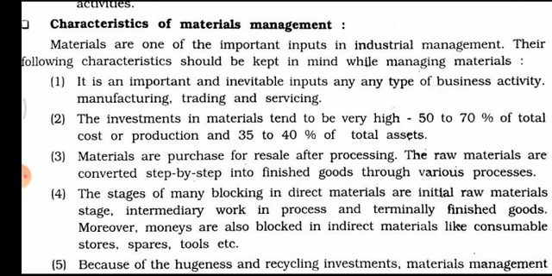Second, the investment in material tends to be very high, 15 to 70% of total cost of production and 35 to 40% of total assets. Third, materials are purchased for resale after processing. The raw materials are converted step by step into finished goods through various processes.